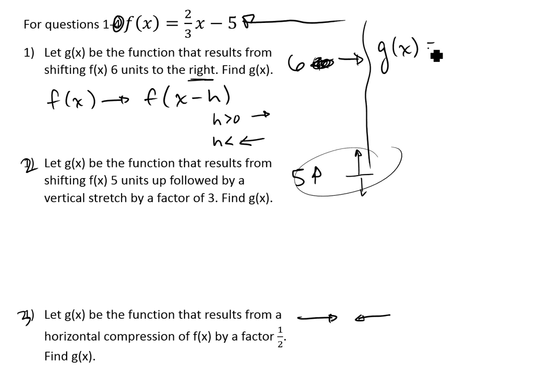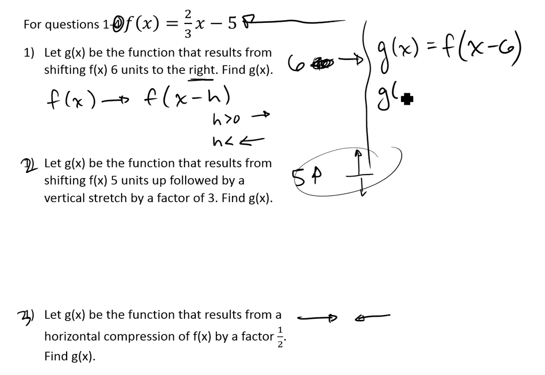G of x looks a lot like f of x, except instead of placing x's in the function, we place x minus 6's in the function. This is the answer.